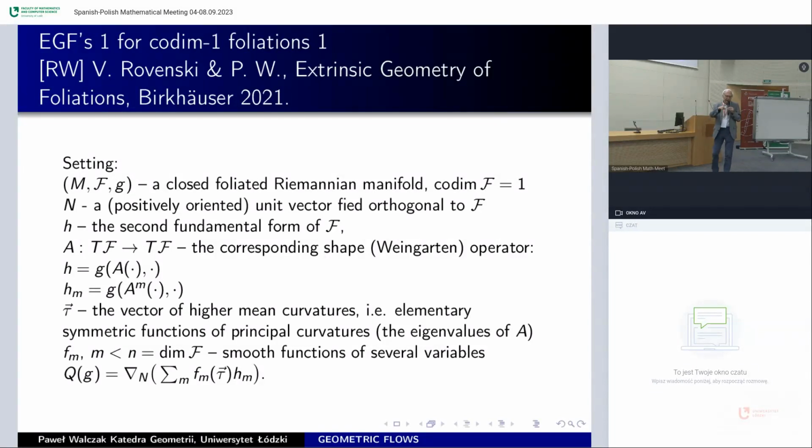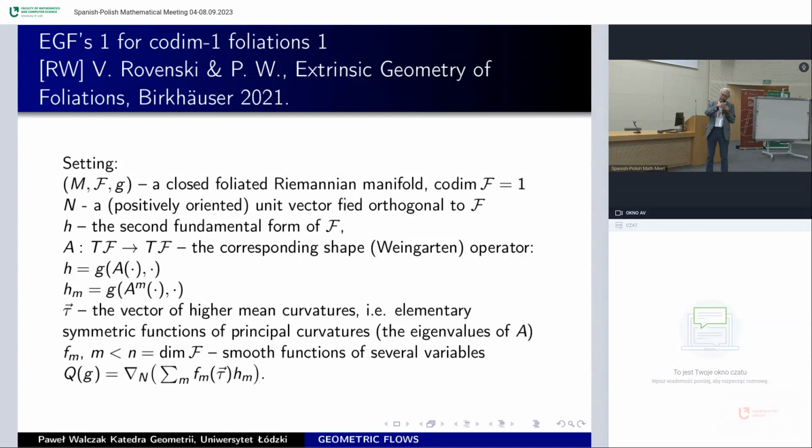Okay, so the notation is here: we have a closed manifold equipped with a foliation F of codimension 1, and everything is assumed to be oriented. Therefore, we can choose a positively oriented unit vector field N orthogonal to the leaves of F. Then we can define the second fundamental form of F in a way analogous to the second fundamental form of a single submanifold or a single surface in R^3.